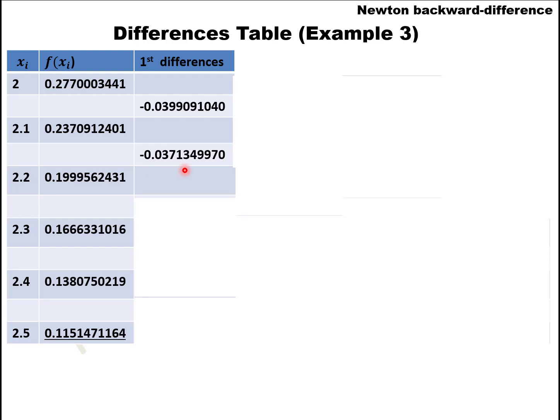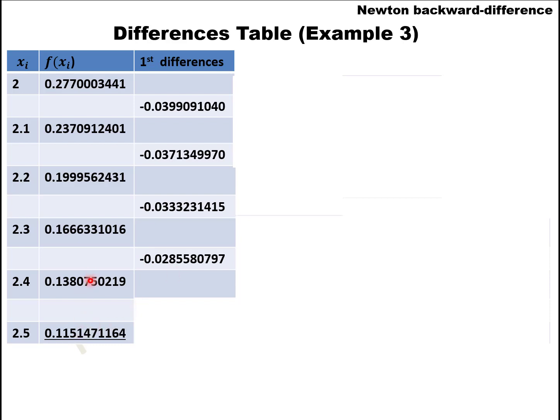Yes, this is equal to nabla f of x2. Similarly, f of x3 minus f of x2 is equal to delta f of x2. This is equal to nabla f of x3. Similarly, f of x4 minus f of x3 is equal to delta f of x3. This is nabla f of x4.